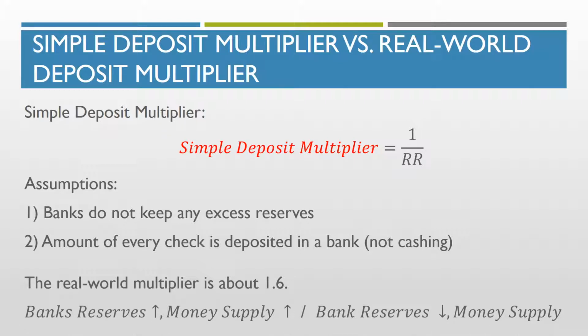So the idea is, if the bank reserves increase, that means when someone is depositing new money into the bank system, the money supply in the economy will increase. However, when the bank reserves decrease, it will cause the money supply to decrease.